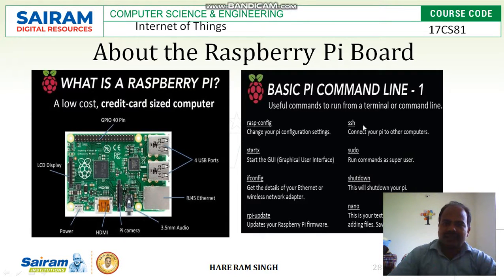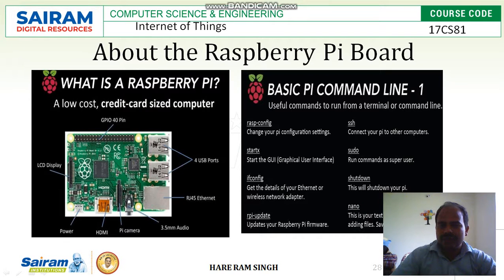Next, SSH, it connects our Pi to other computers. SSH command, it connects our Raspberry Pi to another computer so that we can show display, we can put some files.